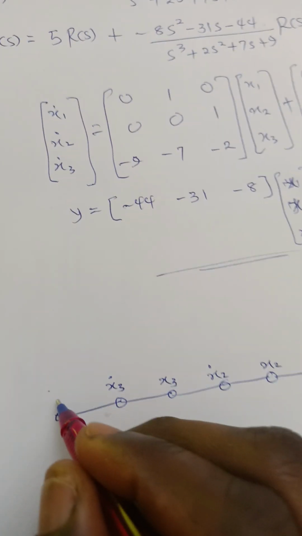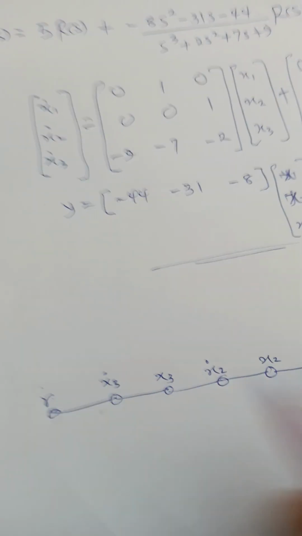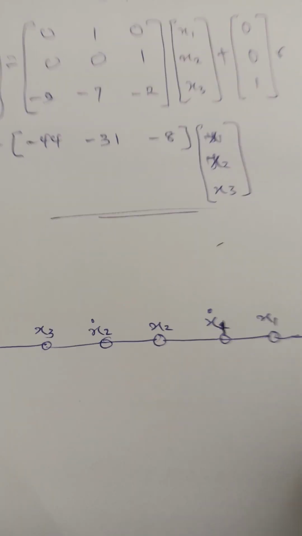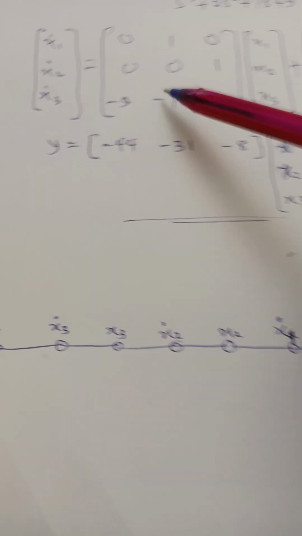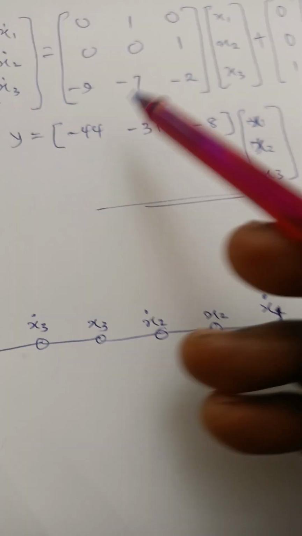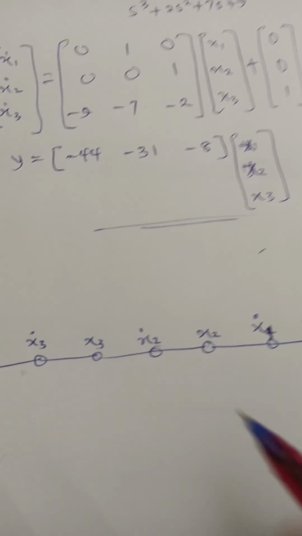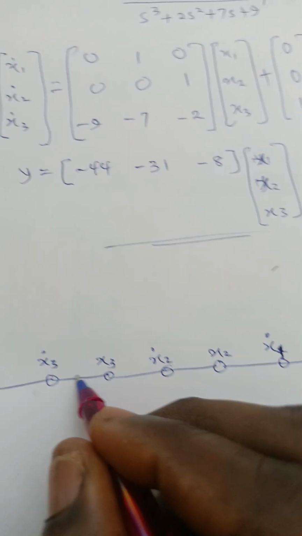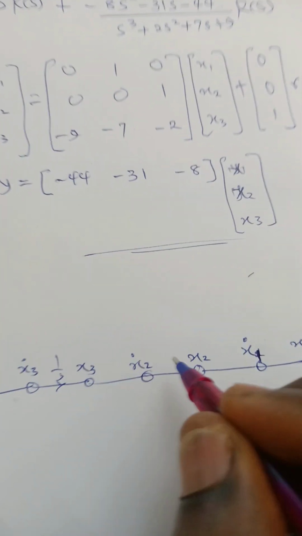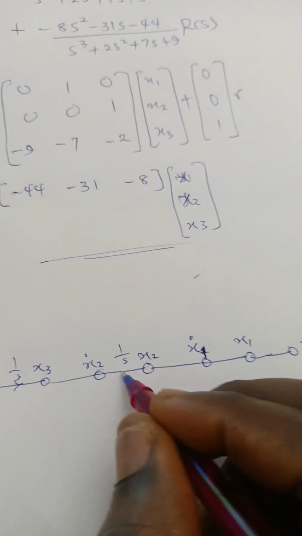Then we have our arrow. Now, we want to represent everything under x3, right? So let's focus on our x3 first. So for our x3, we can do all this 1 over s.